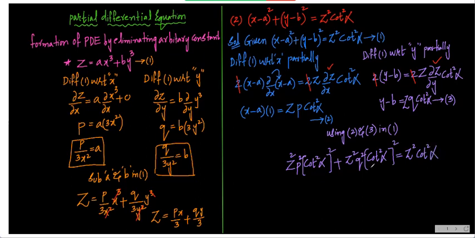So you can see, in this entire function we can take z square common. It is p square cot square alpha whole square plus q square cot square alpha whole square is equal to z square into cot square alpha.